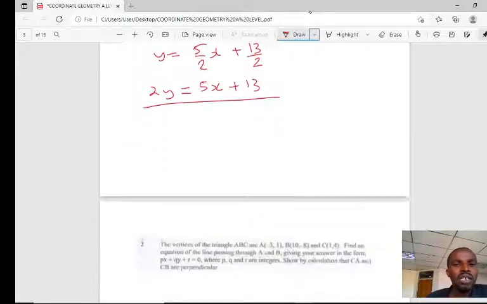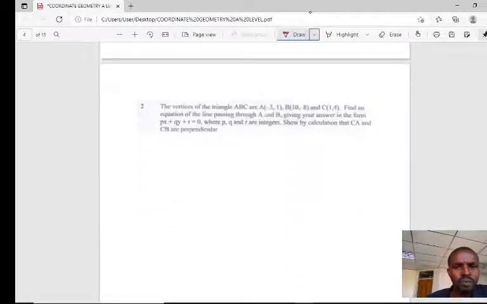Right. Question number 2. It reads, the vertices of the triangle ABC are: A is minus 3, 1, B is 10, minus 8, C is 1, 4. Find an equation of the line passing through A and B, giving your answer in the given form, where p, q, and r are integers.